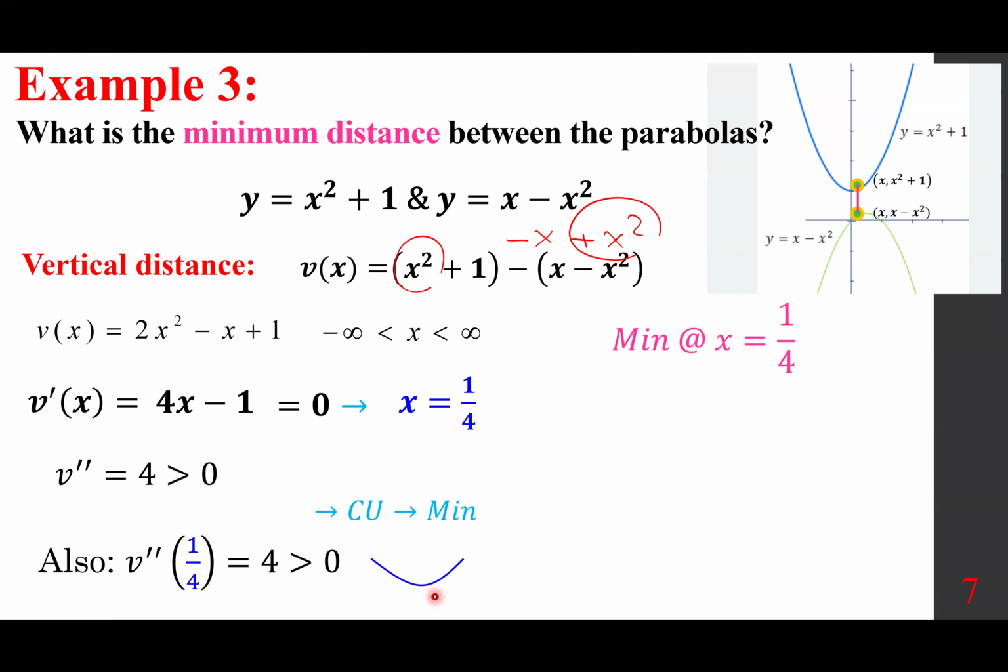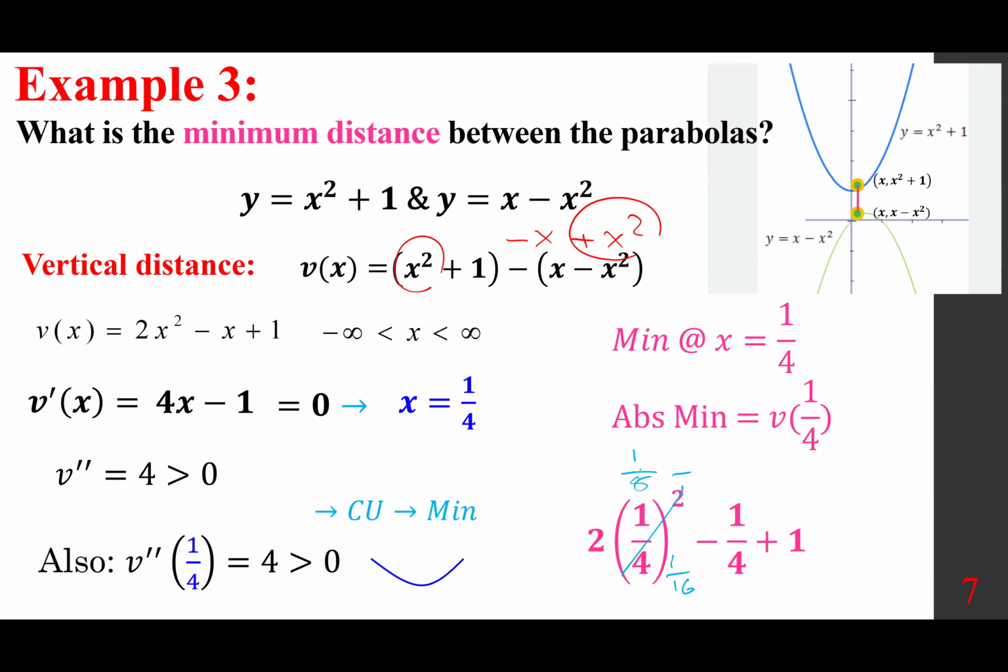What is the absolute minimum? We just plug it in. Instead of that, we're going to go with the easy one and we plug it in there. One over 16 times 2 is 1/8.